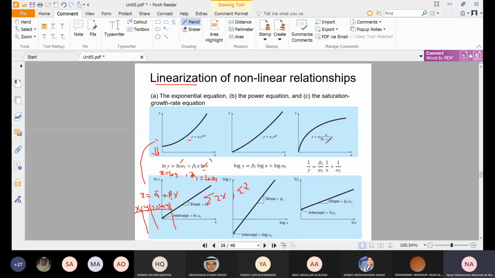You should be familiar with all of these methods and how we use anti-operations to linearize them.